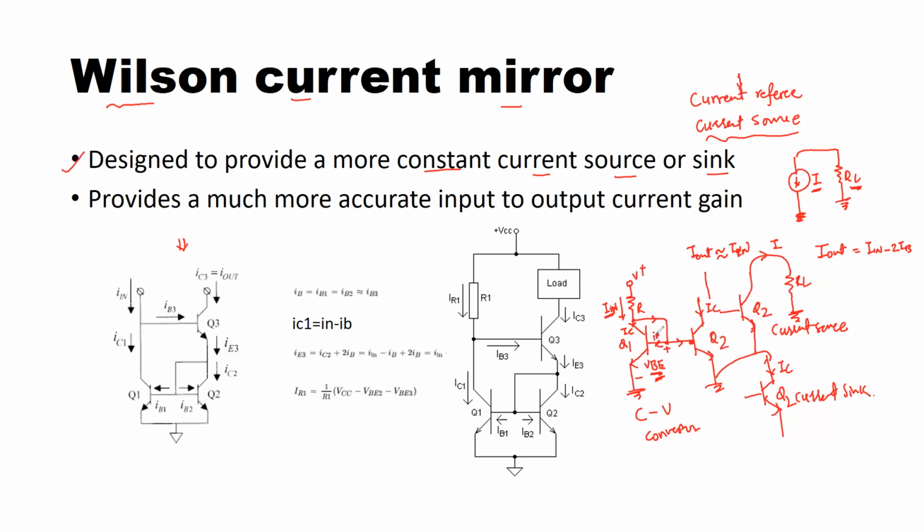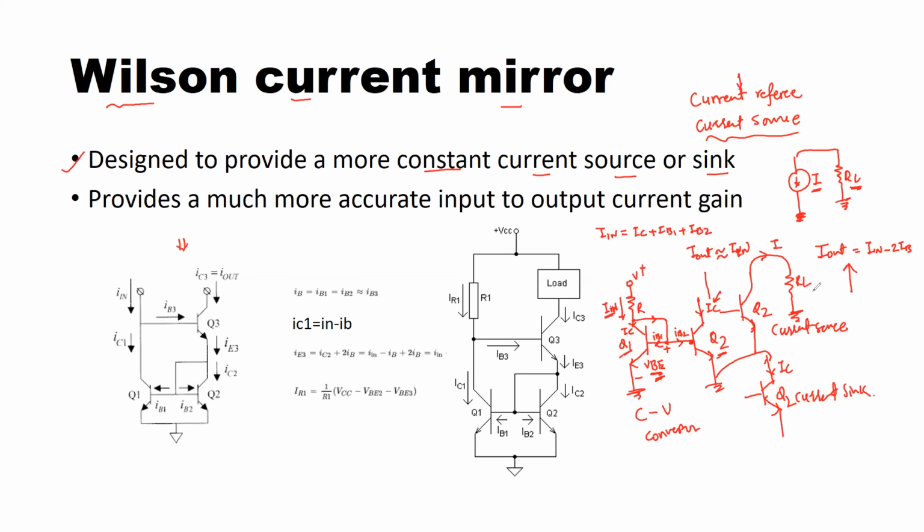So if you write, I in was IC plus IB1 plus IB2. Assuming the two transistors are equal, their collector currents are equal, and we said that I out, which is the collector current of transistor Q2, is equal to the collector current of transistor Q1. Finally, we got this expression, right?